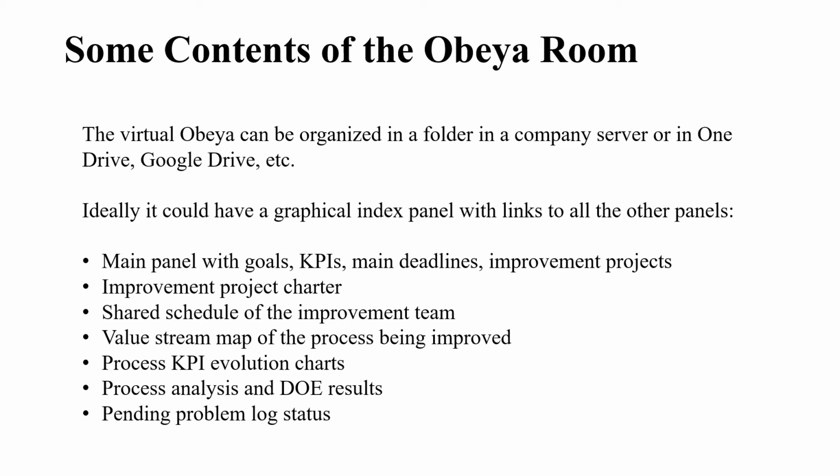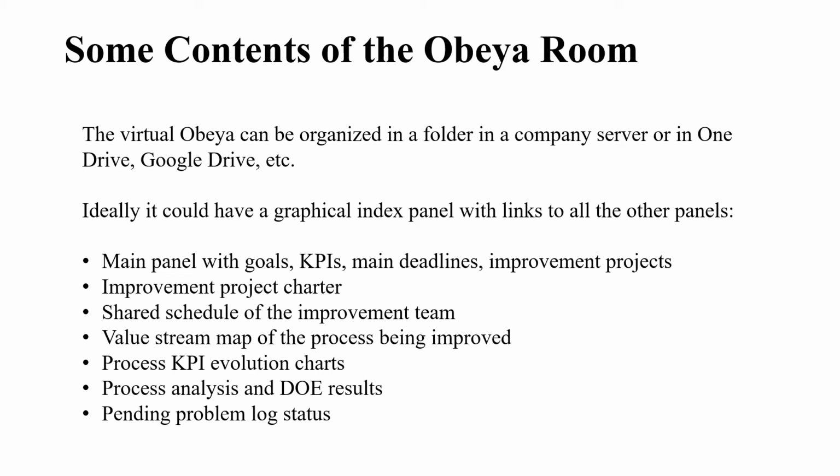The virtual Obeya can be organized in a folder in a company server or in OneDrive, Google Drive, etc. Ideally, it could have a graphical index panel with links to all the other panels. Main panel with goals, KPIs, main deadlines, improvement projects. Improvement project charter. Shared schedule of the improvement team.